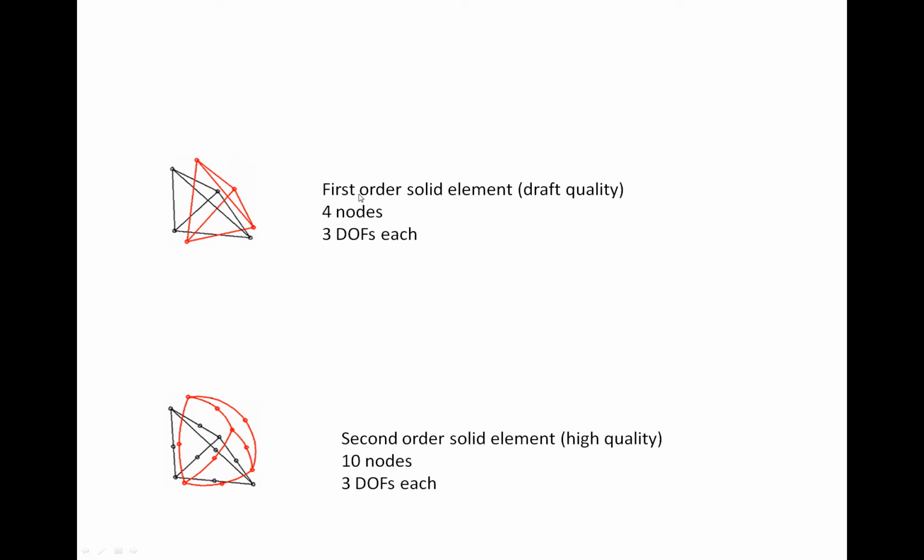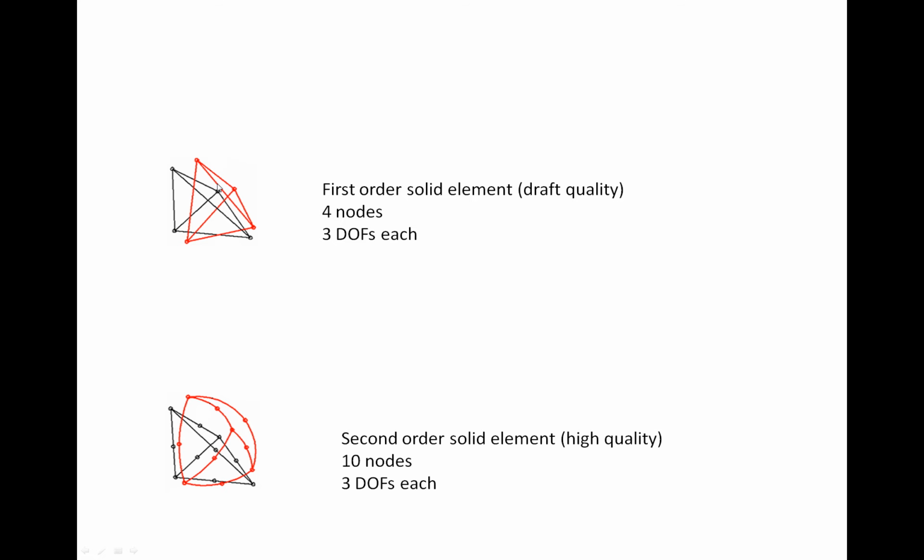If you see that you have your first order elements here, this is a first order tetrahedral shape. SOLIDWORKS uses tetrahedral elements for solids. The black outline here shows the undeformed shape, the undeformed element before you apply your loading on your part.